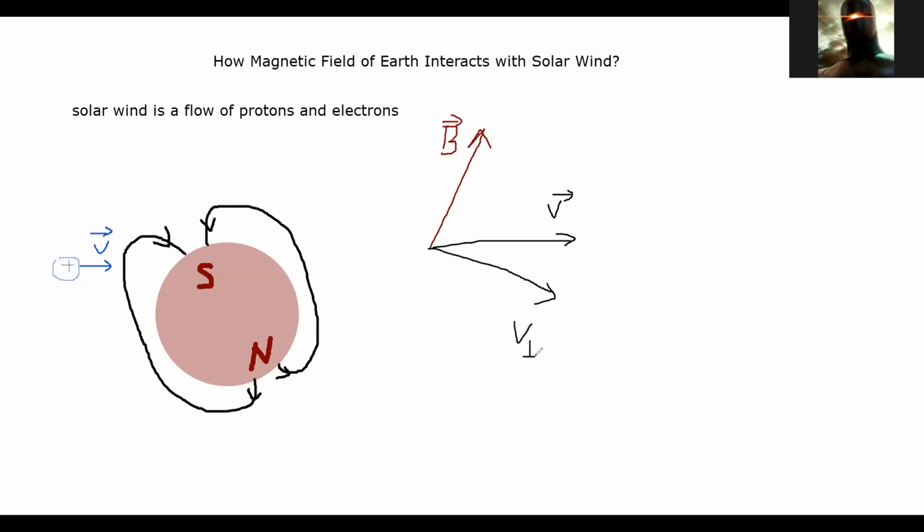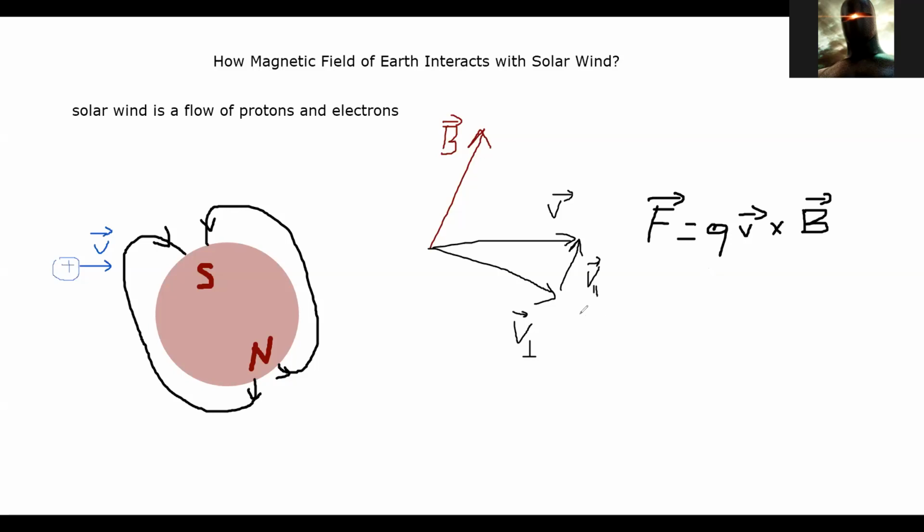It's perpendicular to the B, and this will be the component of the velocity which is parallel to the magnetic field. Now the formula, if you remember, looks like this: F equals Q V cross B. So these are vectors, right? And cross product gives us a vector.